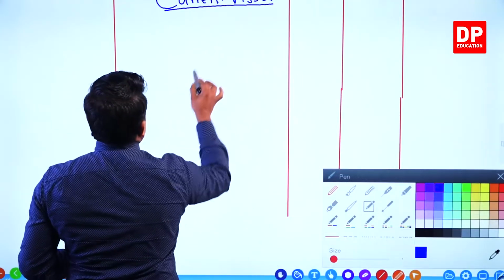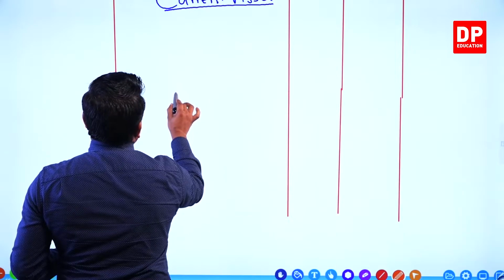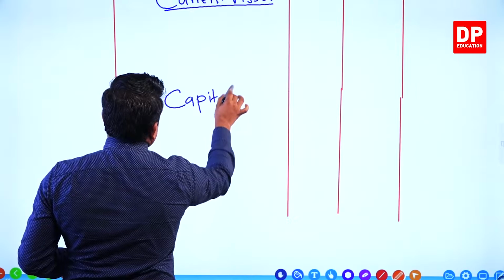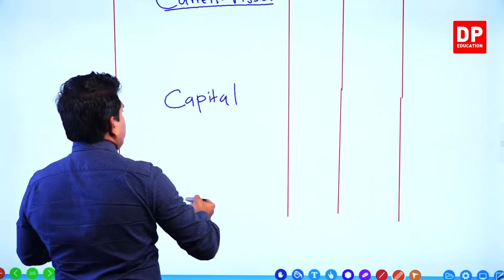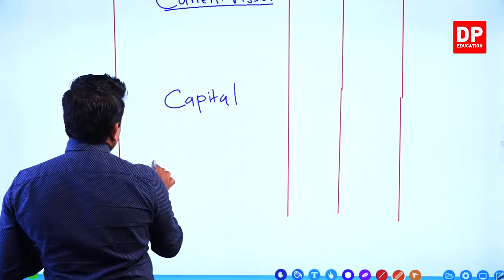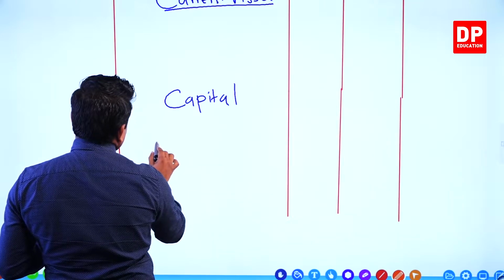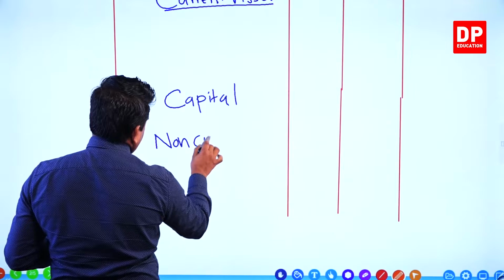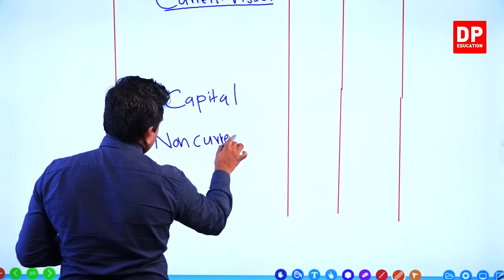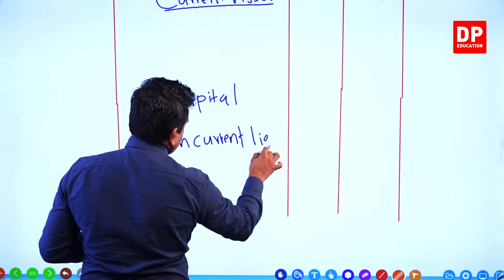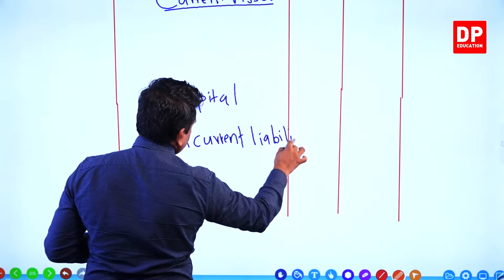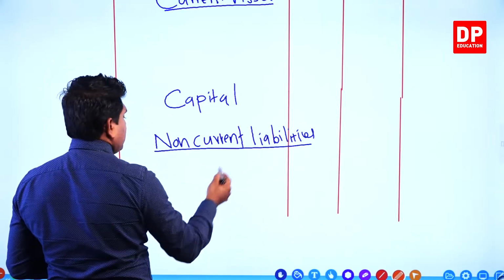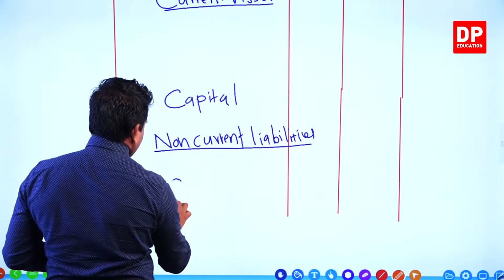Capital, then current assets area finished, no? Then capital. No net profit or any other things here. Liabilities, non-current liabilities. Only one non-current liability here, they have given only bank loan. Then current liabilities.